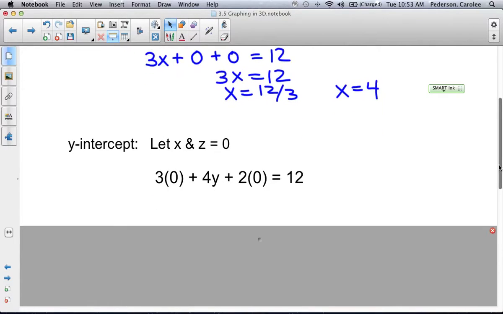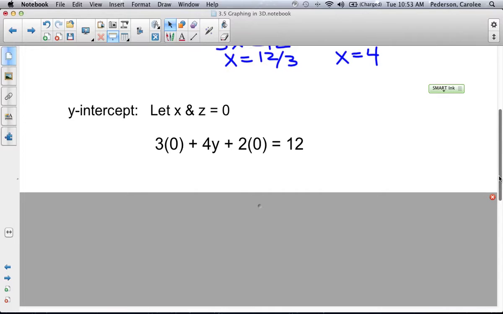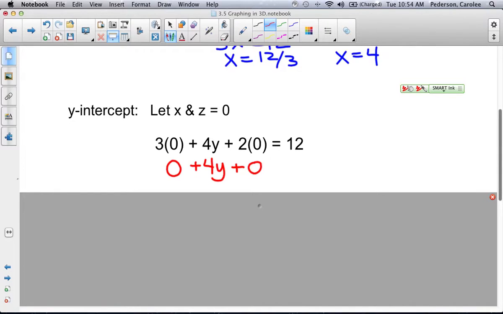All right, let's find the y-intercept. So now we're going to let x and z, the two we're not working with, equal to 0, and we're going to solve for y. So it's essentially like hiding the x and the z term, removing them and just focusing on the y term and then the constant. So this becomes 0. We have 4y. That becomes 0. And then we have 12.